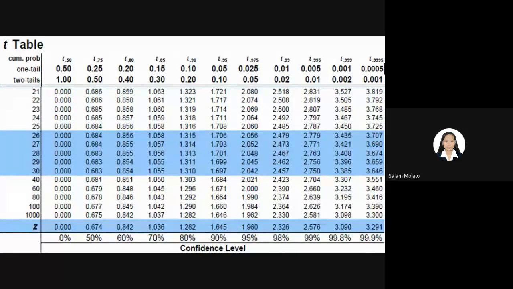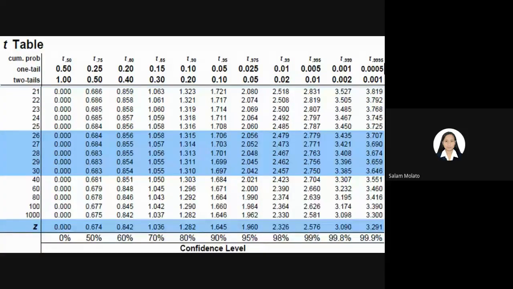Okay? So either you will use this confidence level to know the value of our T critical, or you will compute for alpha over 2. Later I will show you how to use this table.